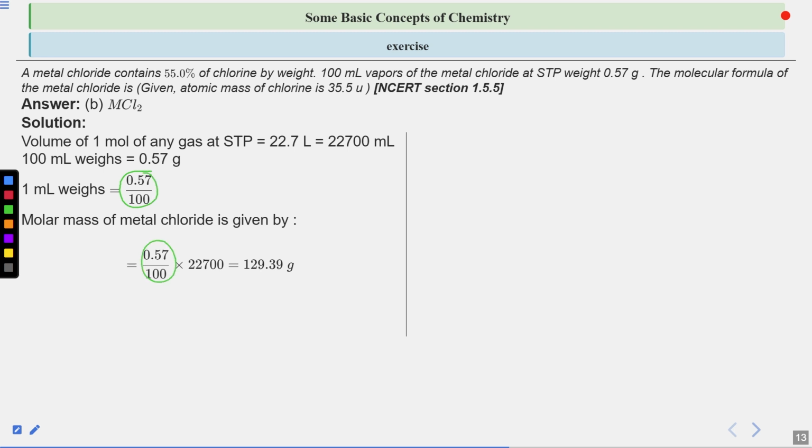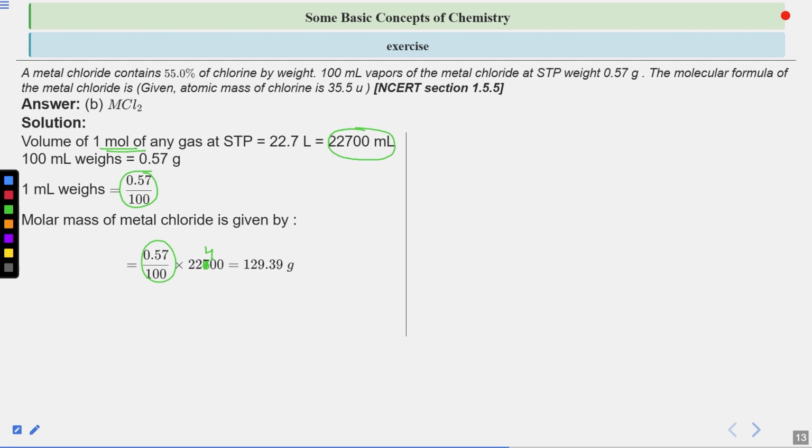But we know that this volume of the gas has 1 mole. Therefore, we can say that the mass of the gas which has a volume of 22.4 liter or 22,400 milliliter will have the molar mass of the same gas. Sorry for that, so this will be 22.4 everywhere.